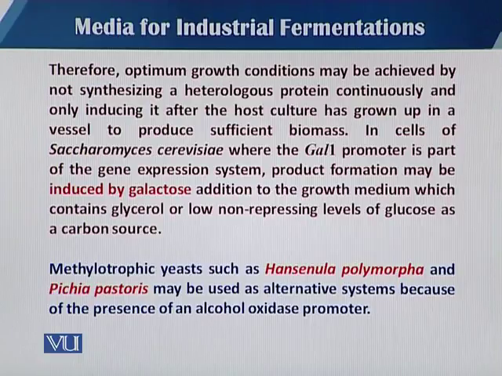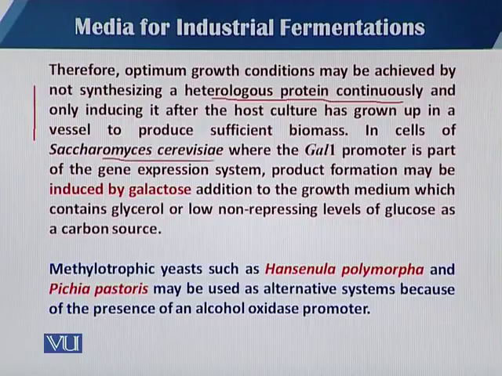The optimum growth conditions may not synthesize those heterologous proteins, so only after inducing do we have the chance to produce them, as I have already told you. Here you can see one example, using Saccharomyces cerevisiae, where the GAL1 promoter, the galactokinase 1 promoter, is a part of the gene expression system.